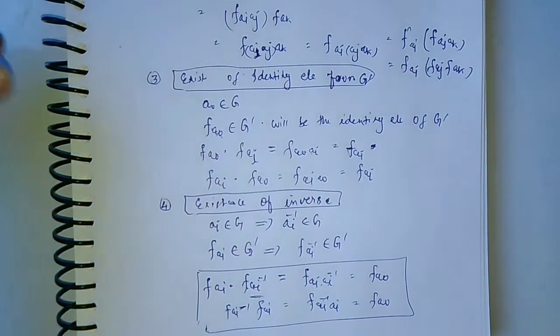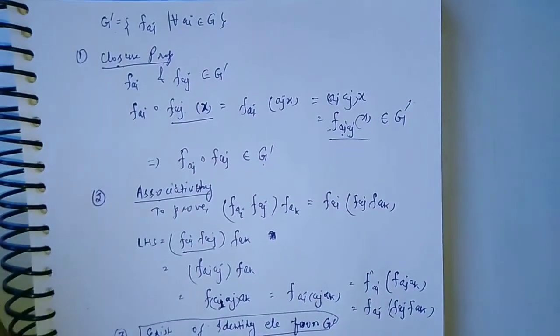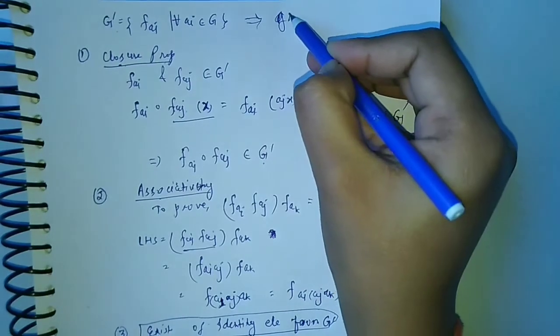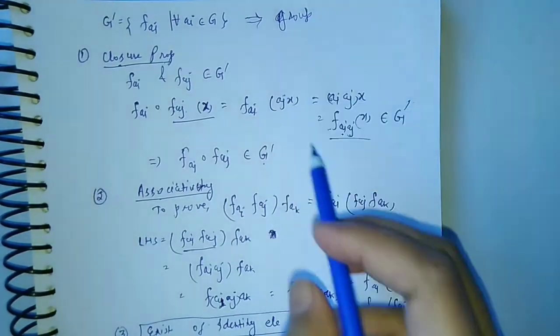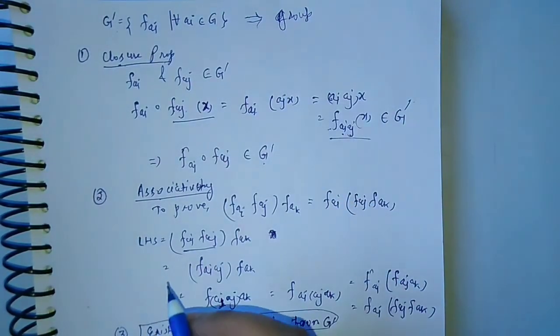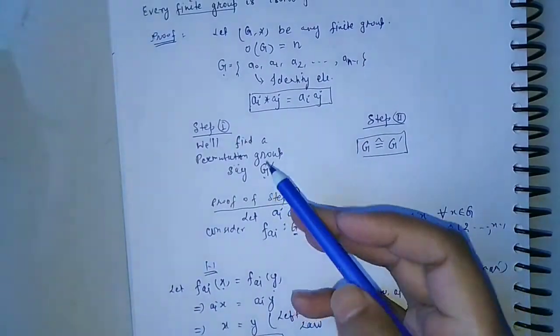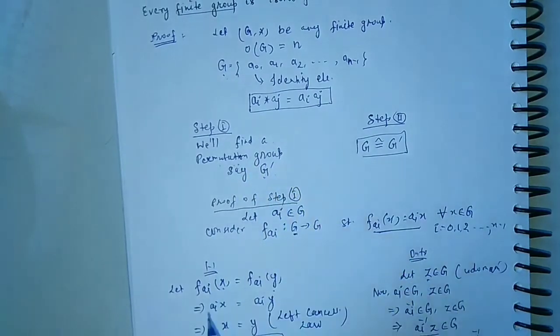So we have proved all the properties here. So this set forms a group and it is known as permutation group. So our step 1, here we found our permutation group G dash.